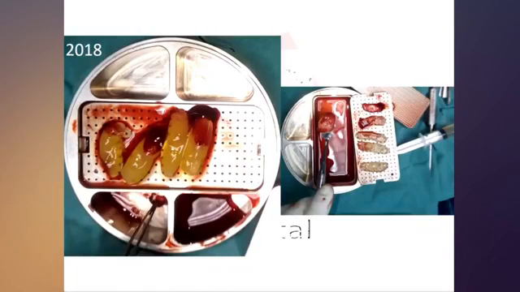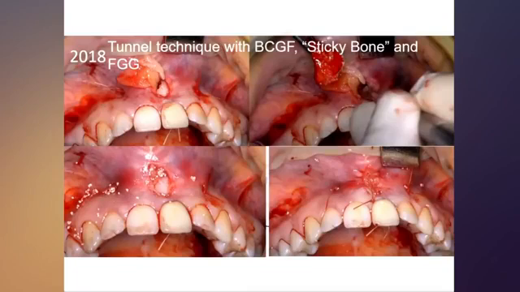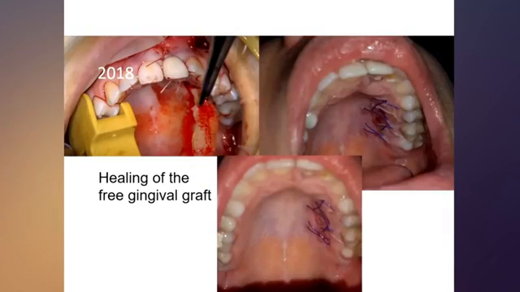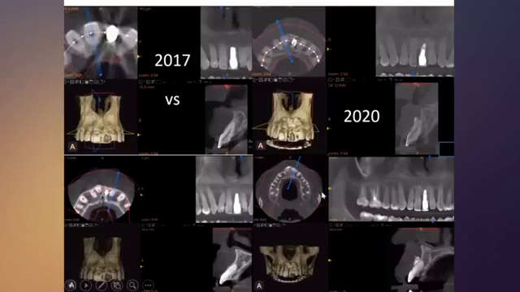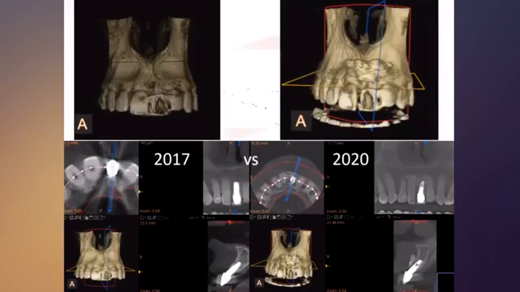And in 2018, I decided to improve the situation. I did a tunnel technique with soft and hard tissue grafting. At the same time, as you can see, a palate graft was used. And in 2020, I also changed the situation in these teeth.